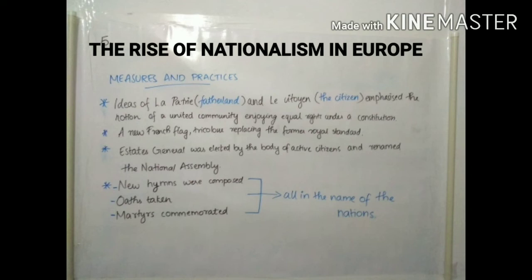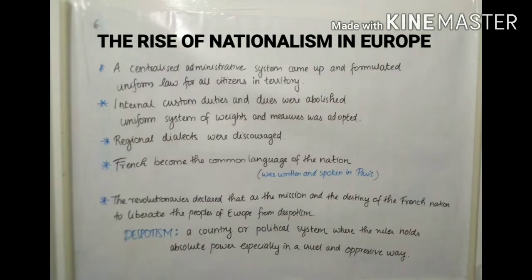Estates General was elected by the active citizens and renamed as National Assembly. New hymns were composed. Hymns means religious songs. Oaths were taken. Oaths means promises of future actions. Martyrs were commemorated, means show respect to martyrs. And these were all done in the name of the nation.